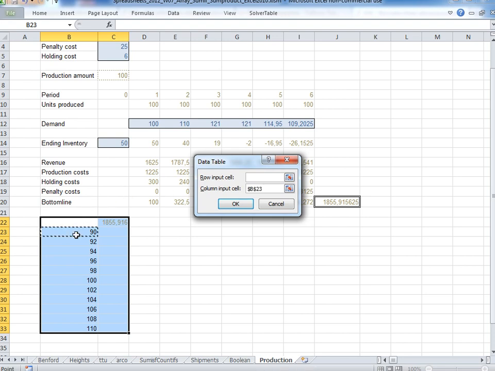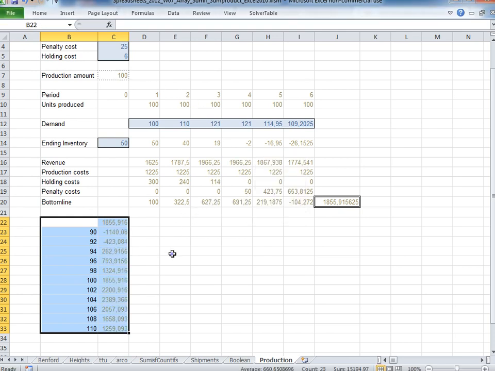Since these here are in the column beneath each other, we will use column input cell, and column input cell is production amount. So now everything is tied to the main model. And now we click OK, and it calculates the table for us.